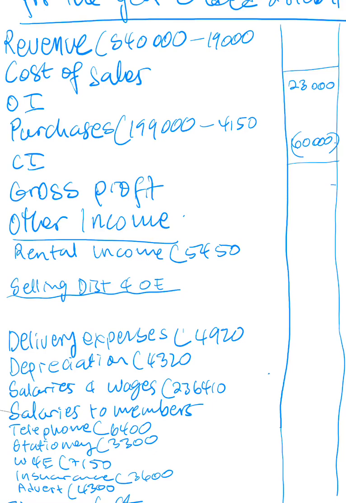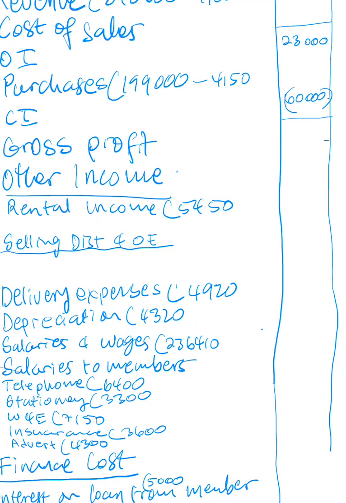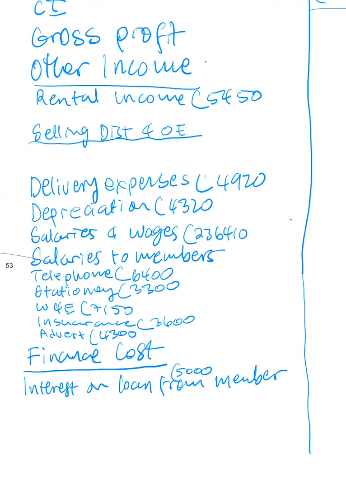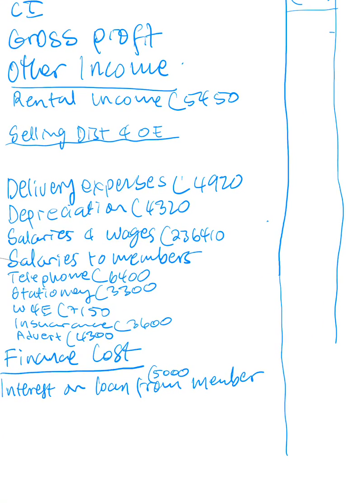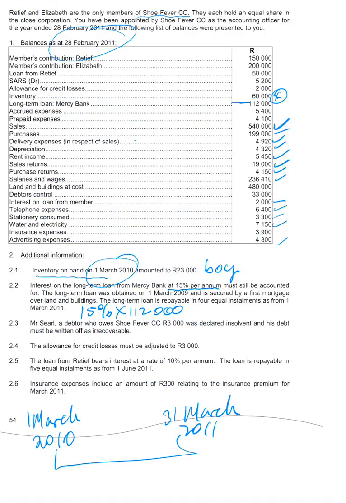So that goes under finance cost. So that's interest on loan, 16,800. Right, next. So we're done with that part.